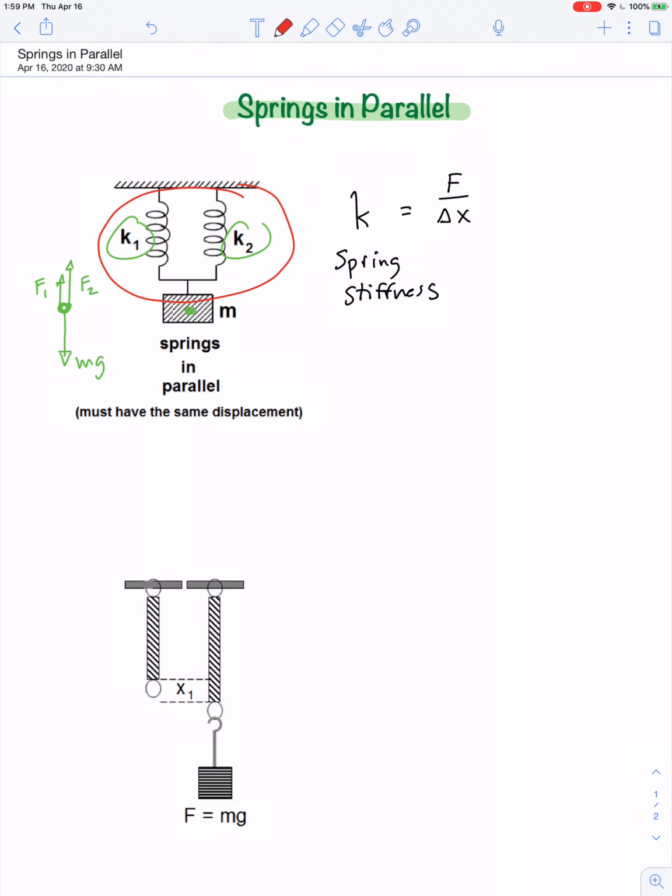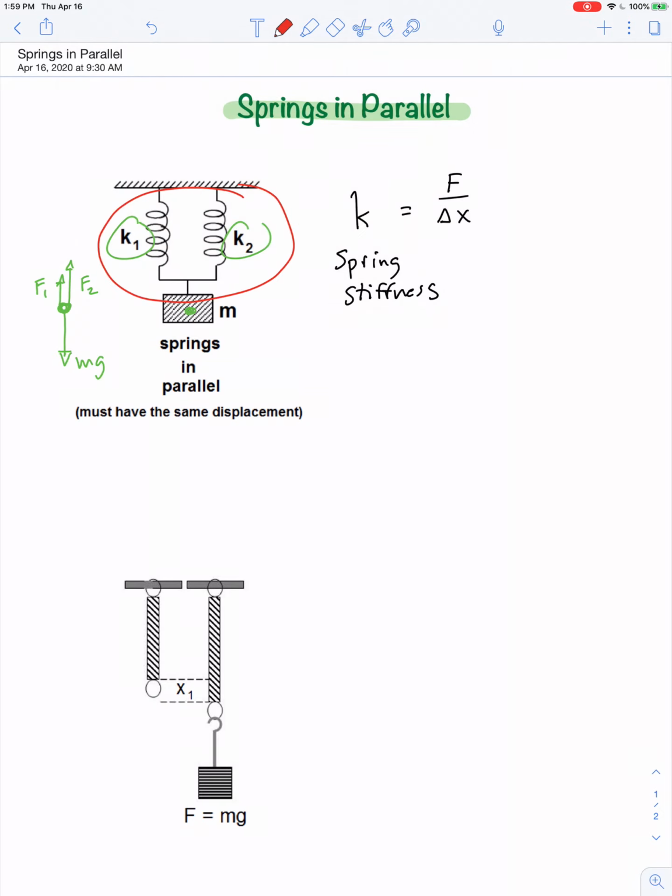With the weight hanging, then it's displaced some value, delta x1, and so the K value for this spring number 1 is mg divided by delta x1. And we could do the same thing if we were to picture just spring number 2 supporting the weight. We would say that K2 is mg divided by delta x2.